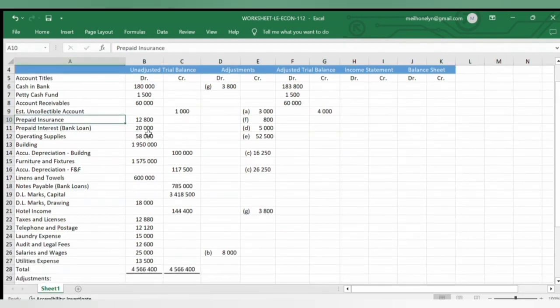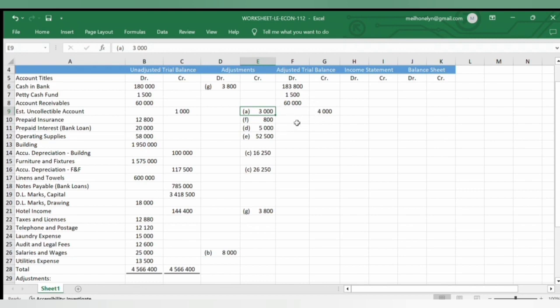Given that the unadjusted trial balance is on the debit side and the adjustments are on the credit side, we will subtract the total adjustments from the unadjusted trial balance and plot the result on the debit side, considering it has the greater amount.